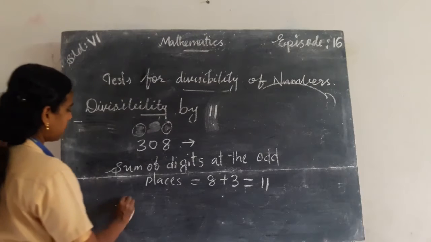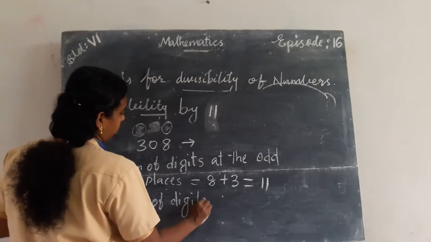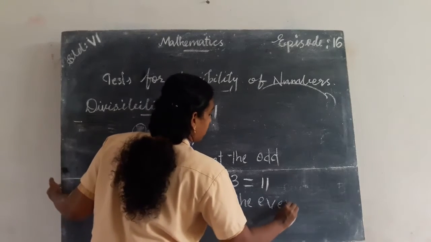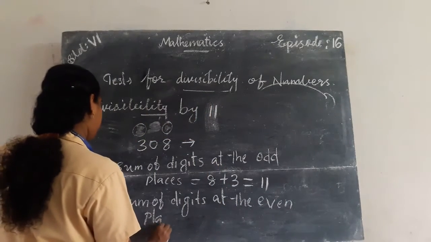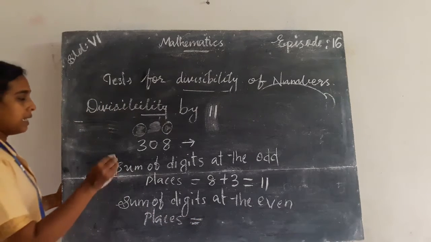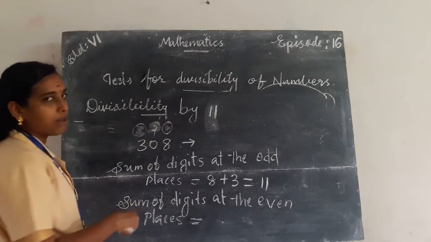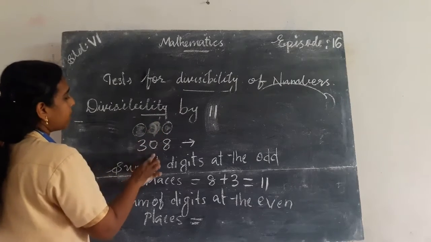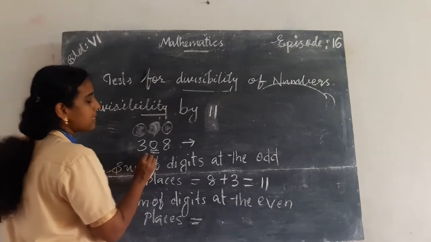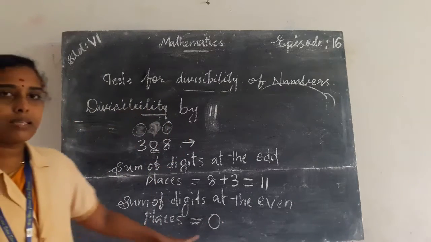So the sum of digits at the even place is 0.